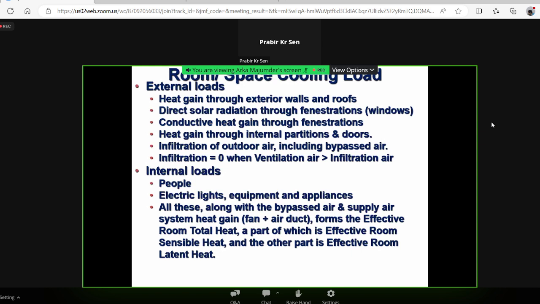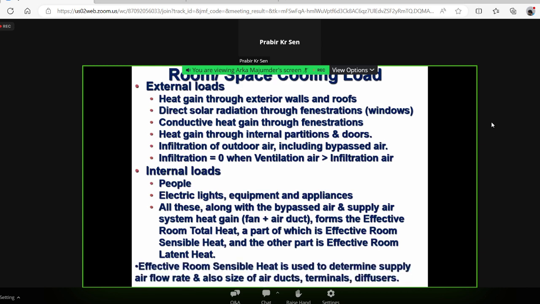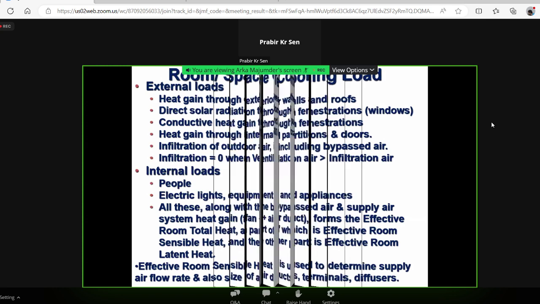A part of it is effective room sensible heat and the other part is effective room latent heat. Effective room sensible heat is used to determine the supply air fan capacity, the air handling unit fan capacity. All discussed.